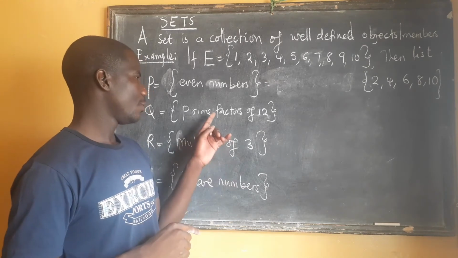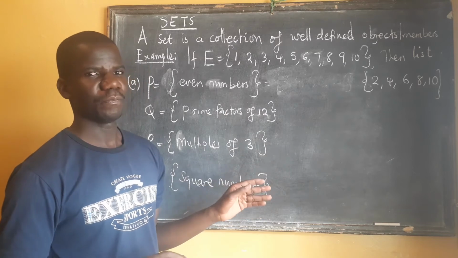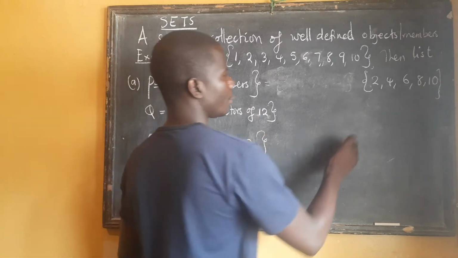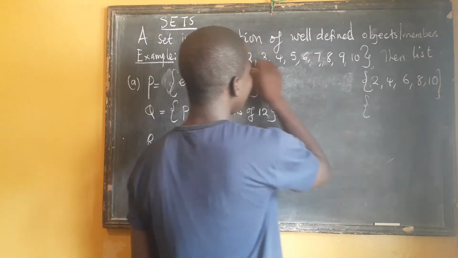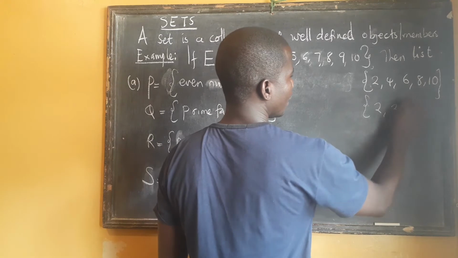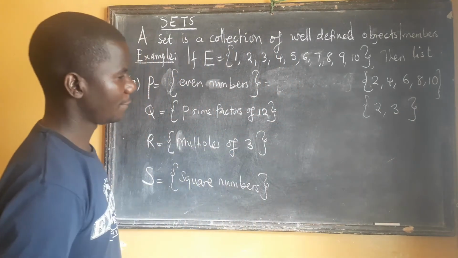So, meaning, we want a number which is a factor of 12, but it should also be a prime number. The prime numbers that can go into 12 without a remainder. Okay? So, from this list, we have 2 and 3.